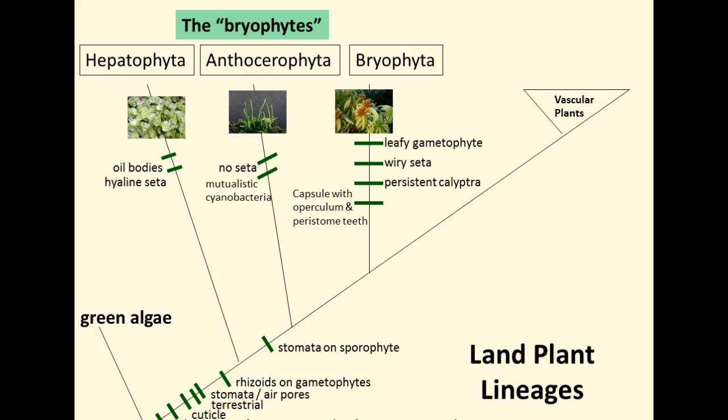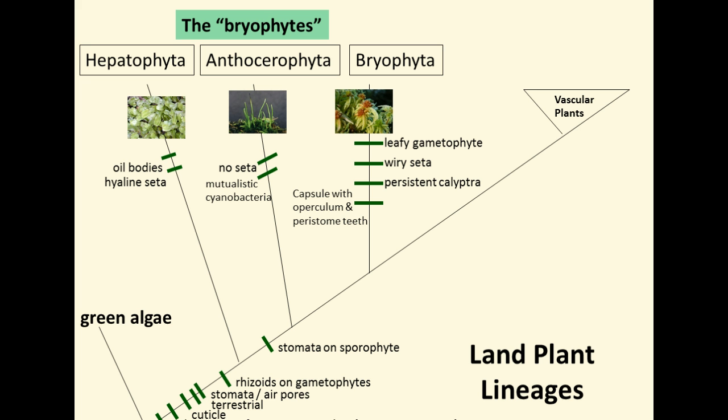So it's very rare. All of these again are the bryophytes in general, and we can see the distinguishing features here. The hepatophytes have oil bodies and hyaline seta. We have the Anthocerotophyta, the hornworts, with no seta, and it's mutualistic with cyanobacteria.